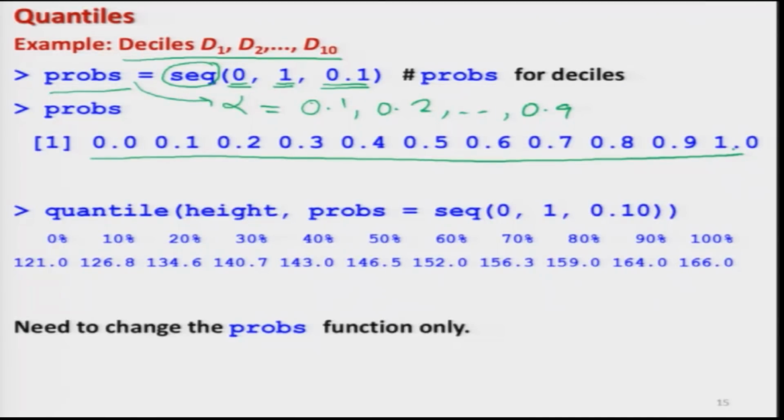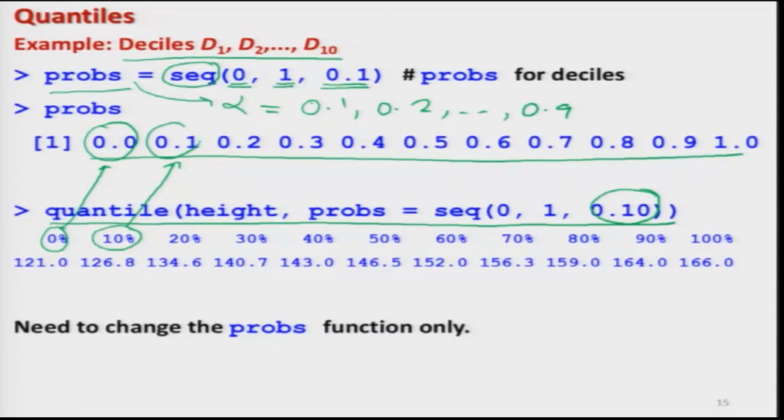Now, I simply use the same command which I used earlier, but in this case I have replaced the value 0.25 with 0.10. You can see I am getting the 10 values of the deciles. For example, as we explained earlier, this 0% corresponds to 0.00, 10% corresponds to 0.1, 20% corresponds to 0.2, and similarly 100% corresponds to 1.